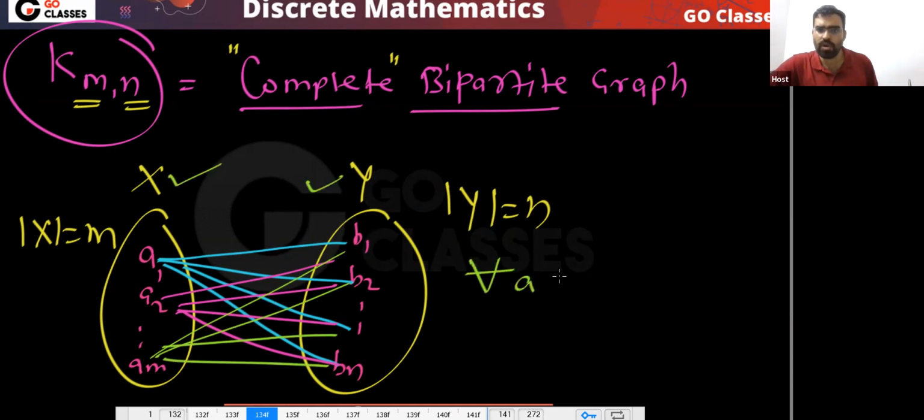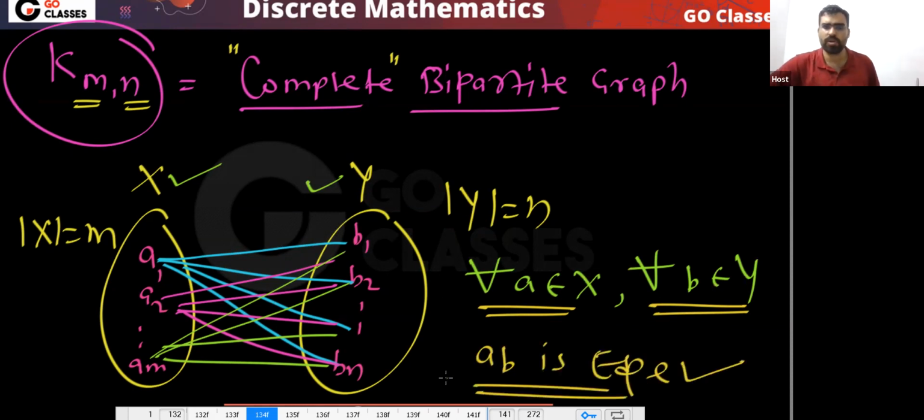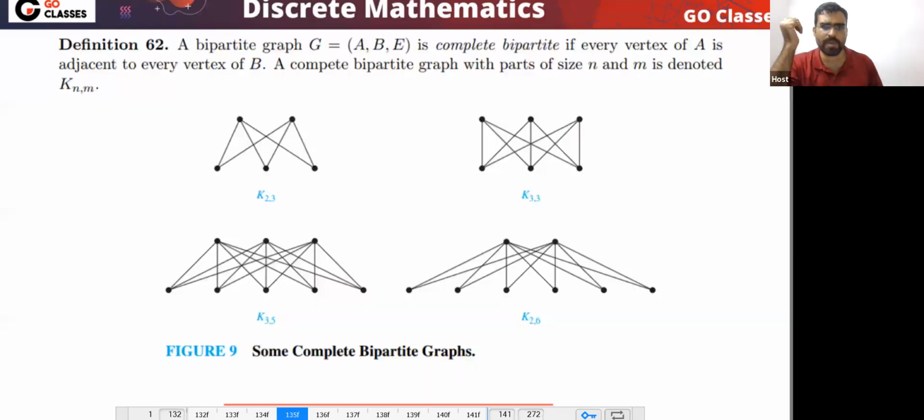I can say that for all A belonging to X, for all B belonging to Y, AB is an edge. Very simple. This is the definition of a complete bipartite graph.